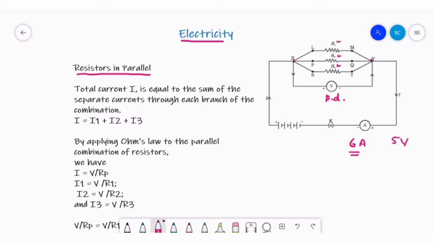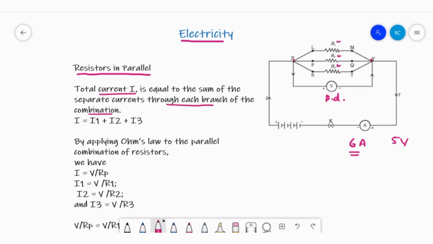So the first resistor will have some current, the second resistor will have another current, and the third one will have another amount of current, which means the entire current passing through the circuit is dividing into these three resistors. So total current I is equal to the sum of the separate currents through each branch of the combination.